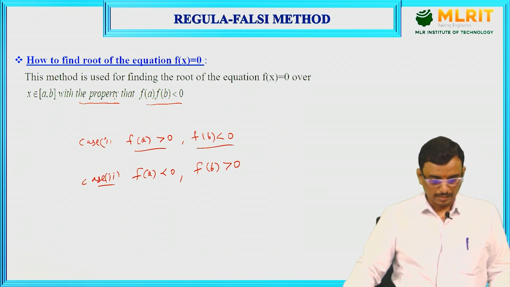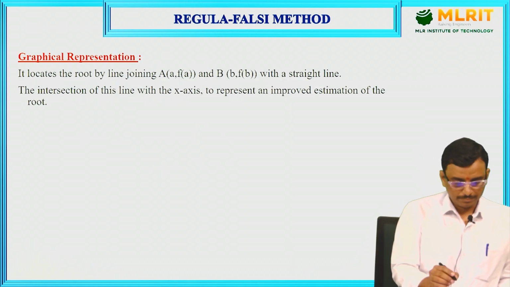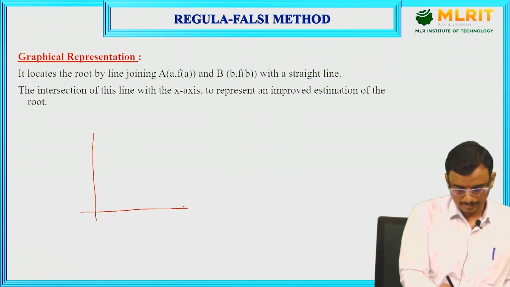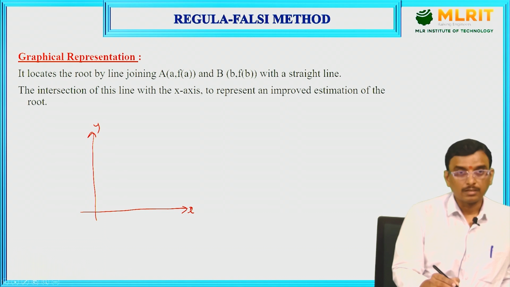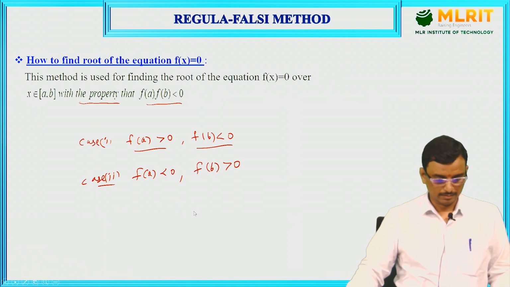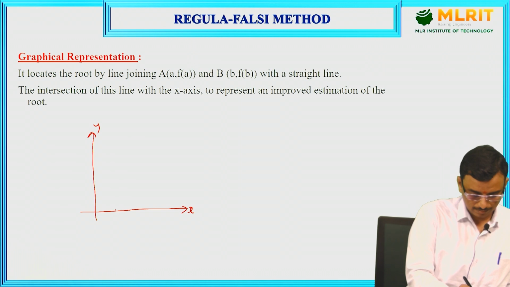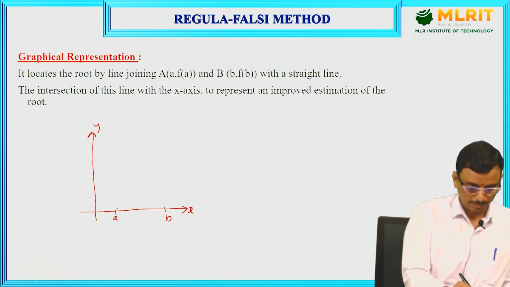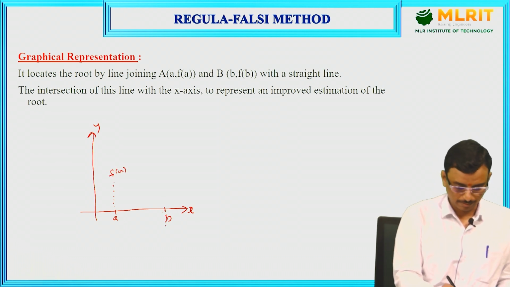This I can explain graphically. This is the y axis and this is the x axis. Now a and b are the initial values. I am taking a here and b, and this is my f of a, because f of a is positive, and f of b is negative, so f of b is less than 0.